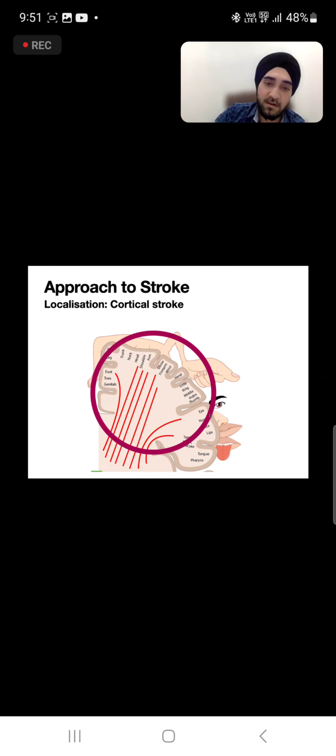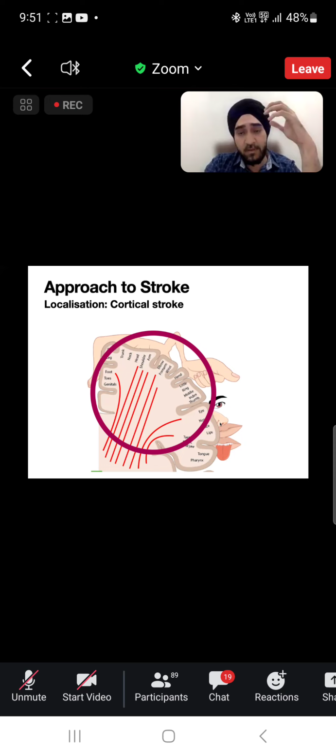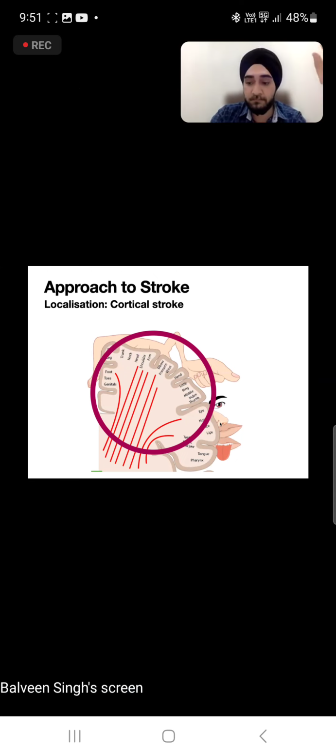And whenever you have a large stroke like this, there will be a lot of edema, there will be a lot of compromise, and your patient will not be conscious and oriented. Your patient will be dull and drowsy. So, if a patient has hemiparesis, then the patient will definitely have unconsciousness, stupor, or a comatose behavior because of the large stroke involvement in a cortical stroke.